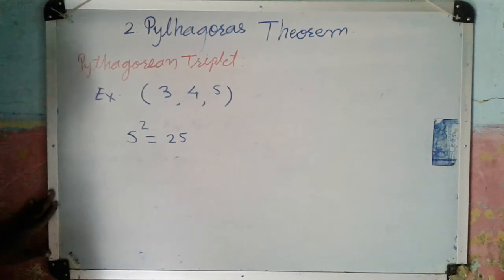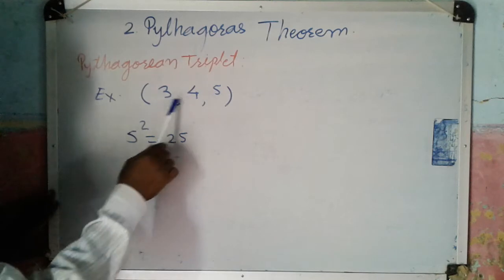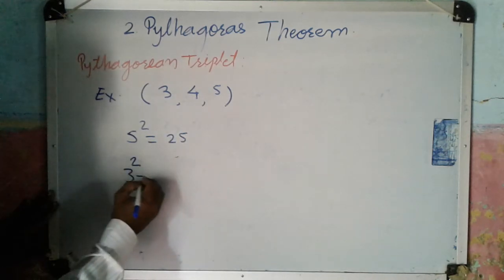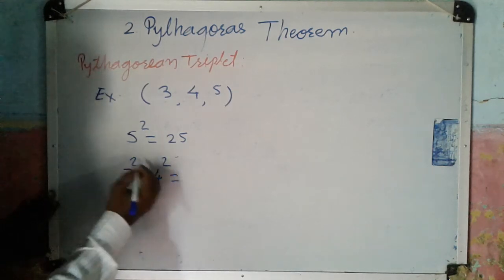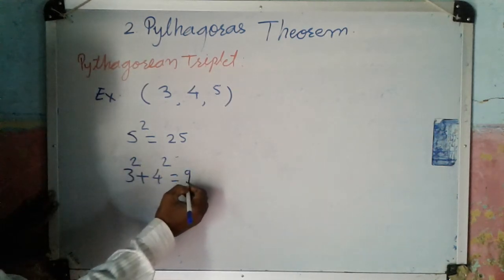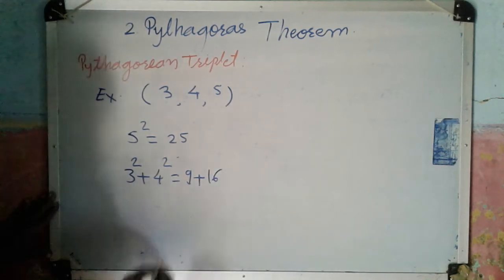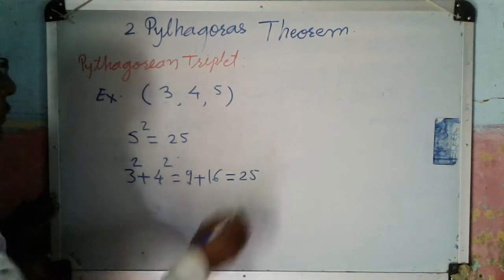Now we will find the sum of the squares of remaining two numbers. 3 and 4 are remaining two numbers. 3 square plus 4 square. 3 square is equal to 9 plus 4 square is equal to 16. That is 9 plus 16, we get 25.